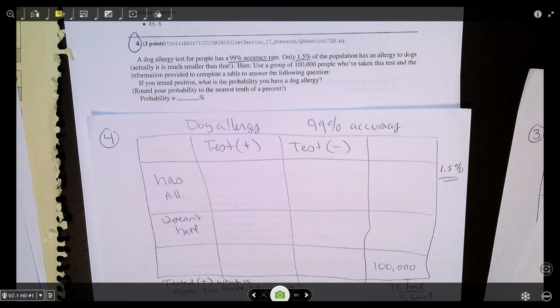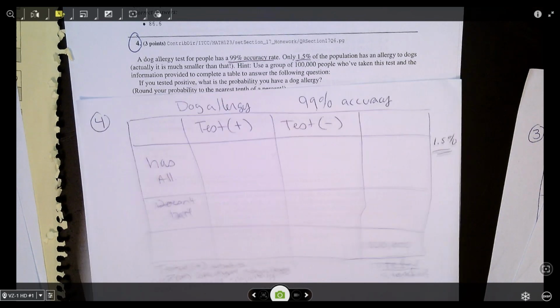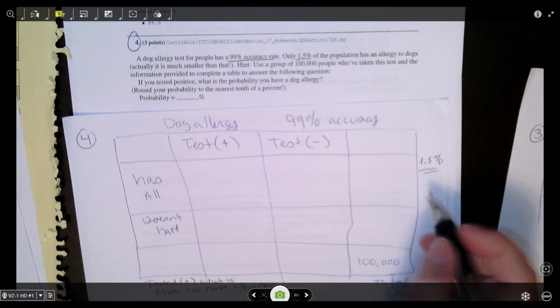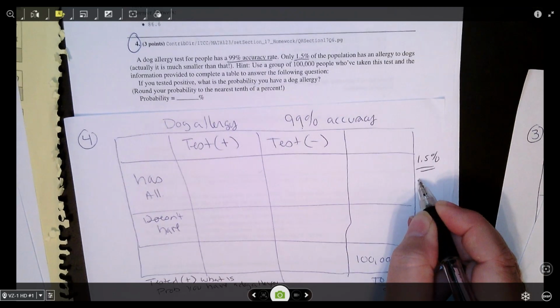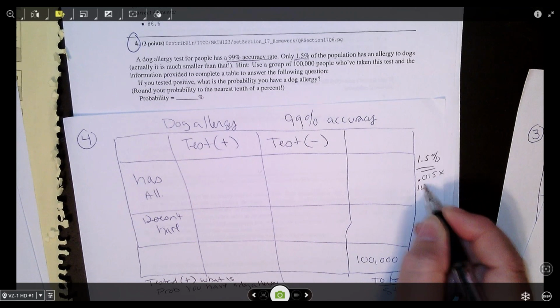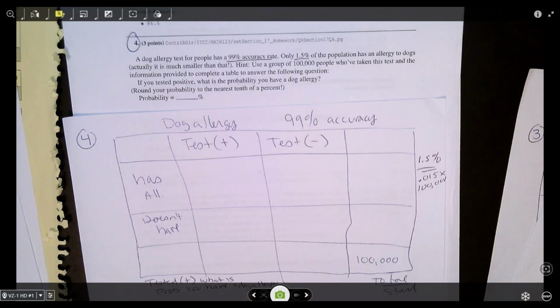Round to nearest 0.1%. Okay, so we start with the total and then we complete this column. 1.5% have it. This would be an error for a lot of people because you make this a decimal. It's not 0.15, it's 0.015 times 100,000.